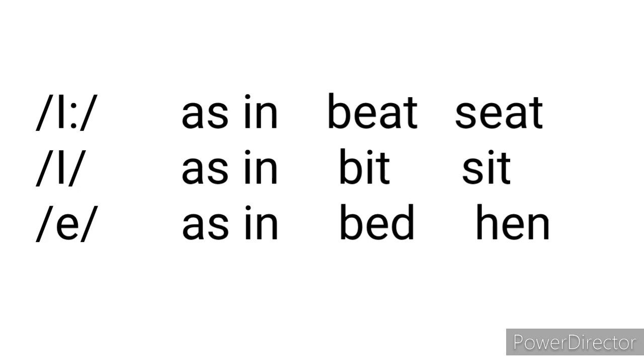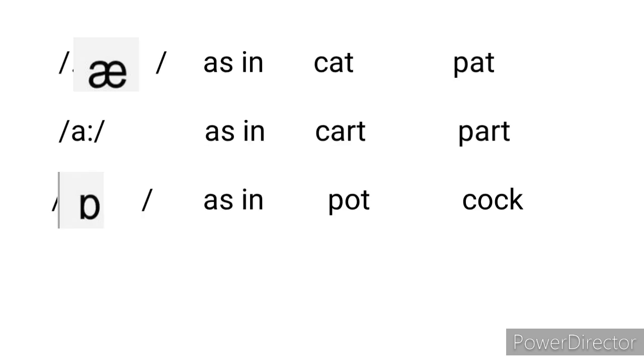3. We have E, as in bed, hen. 4. A, as in cat, pat. 5. We have A, as in cat, pat. 6. We have O, as in pot, cock. 7.